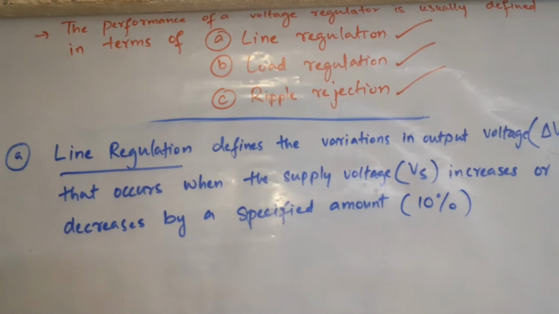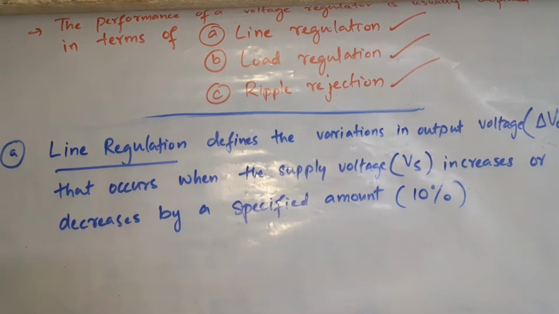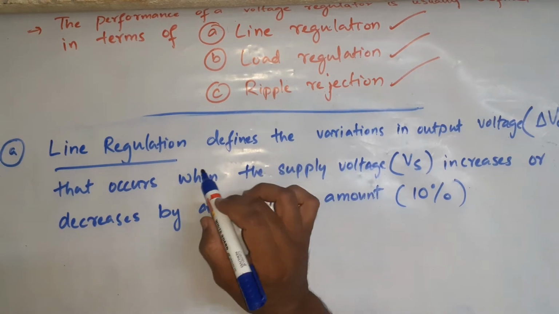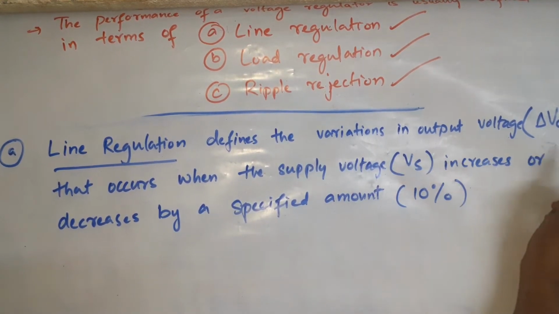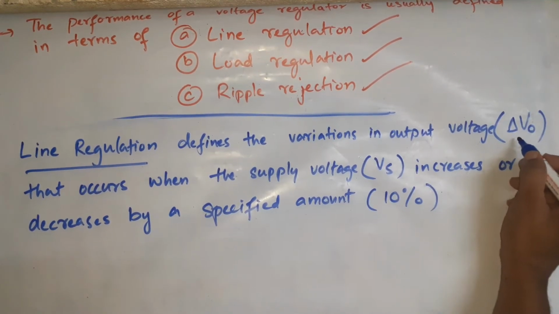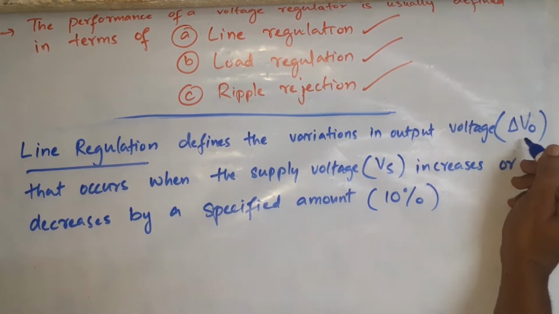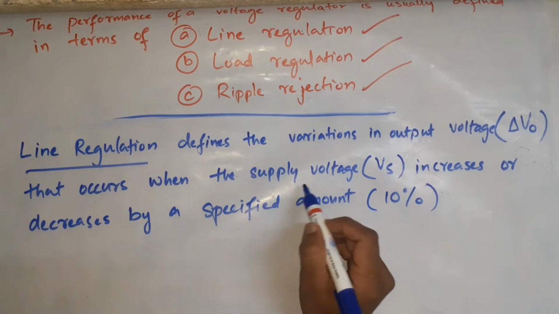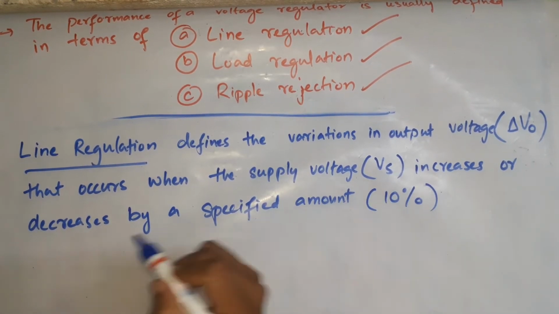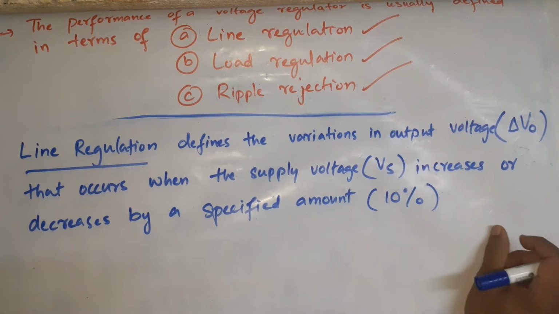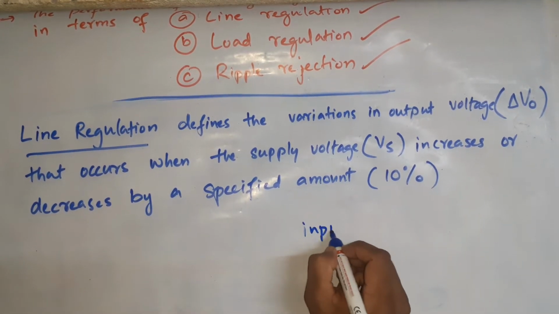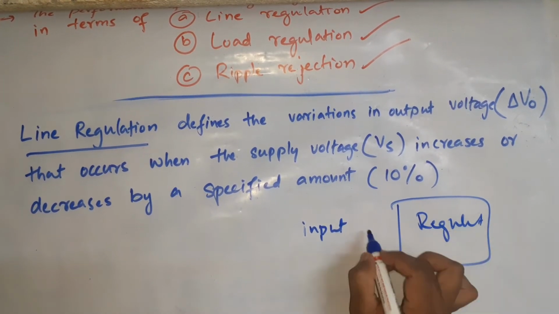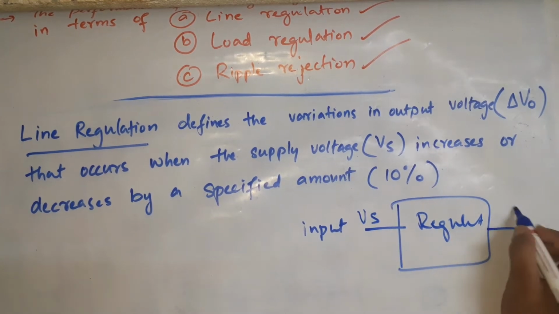See, I have written a very important definition of line regulation here. Line regulation defines the variations in the output voltage, a small change in V naught, which we also denote like this, that occurs when the supply voltage Vs increases or decreases by a specified amount, 10%. If this is your regulator, the input voltage is Vs and the output is V naught.